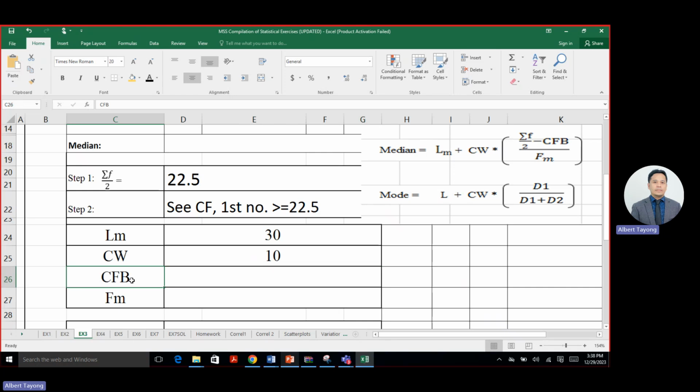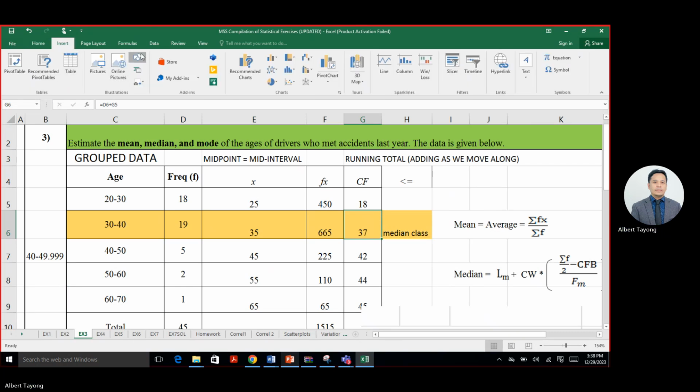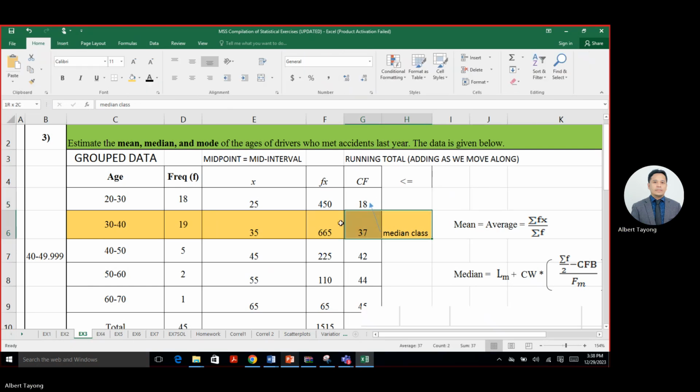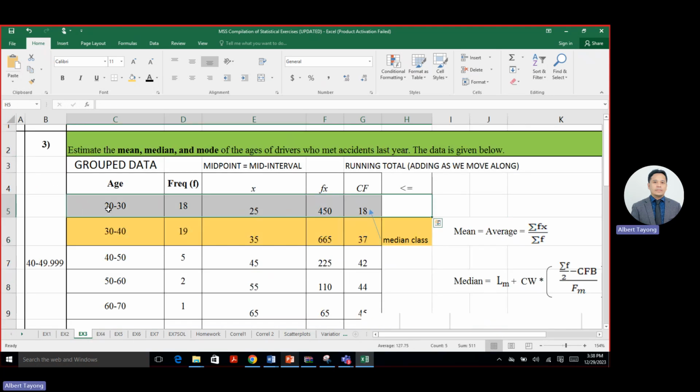And CFB is the CF before this median class. So what is the CF before? The CF before is this 18, before the median class. If the median class were the first row, our CFB would become 0 if we don't have anything above it.